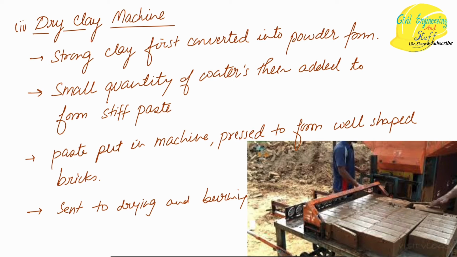Then we have a dry clay machine, which is an advanced version of the manufacturing unit, and the machine is capable of producing a large number of brick units at the same time. It already has better cutting facilities, and the bricks that we get from the dry clay machine are much more defined in terms of shape, right?